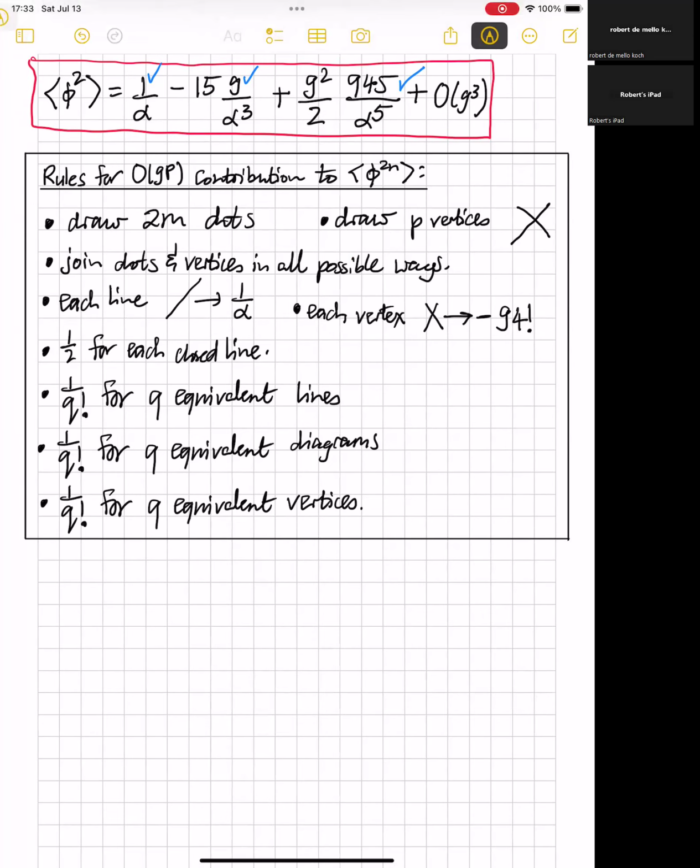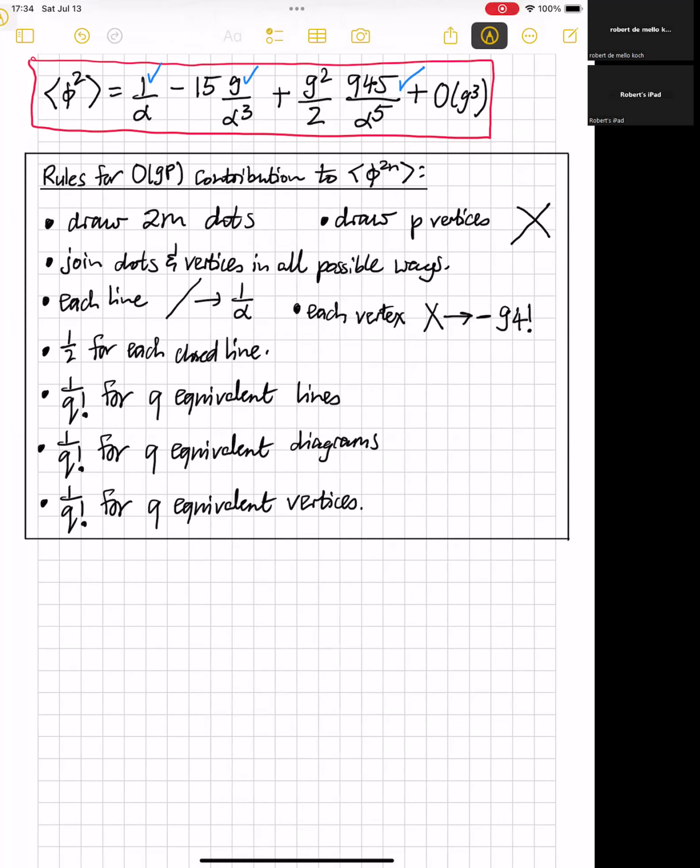Actually, in naught dimensions, it might seem to you that things would have been easier to do without the Feynman diagrams. And you're right, it would have been easier in naught dimensions without them. But what we will find is in higher dimensions, it is much, much easier to use the Feynman rules to get the answer. And what's nice about working in naught dimensions is that you really get to understand all of these combinatoric pieces of the rule.